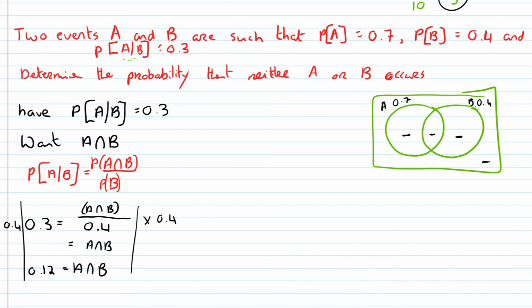I know all of A is 0.7, but I have 0.12 of it here, so the leftover bit must be A on its own, and that's 0.58. And likewise over here, we know that all of B is 0.4, but we have 0.12 of it here, so we take it away and we get 0.28.